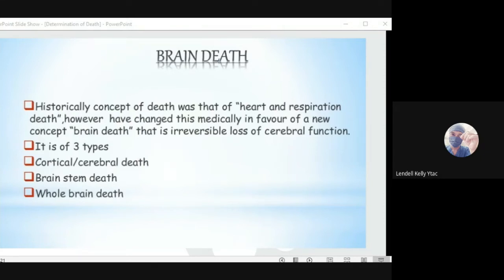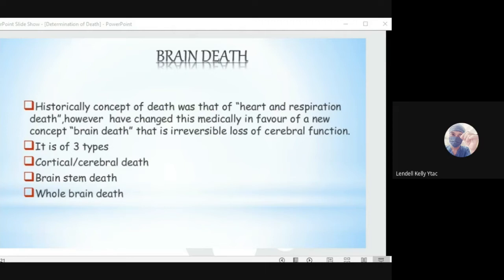But if you remove them, the patient still can't sustain respiration and vital signs, because the vital sign center, which is our brainstem, has been destroyed. So nothing will control the heart rate, respiratory rate, cardiac rate, and other vital signs that we have.